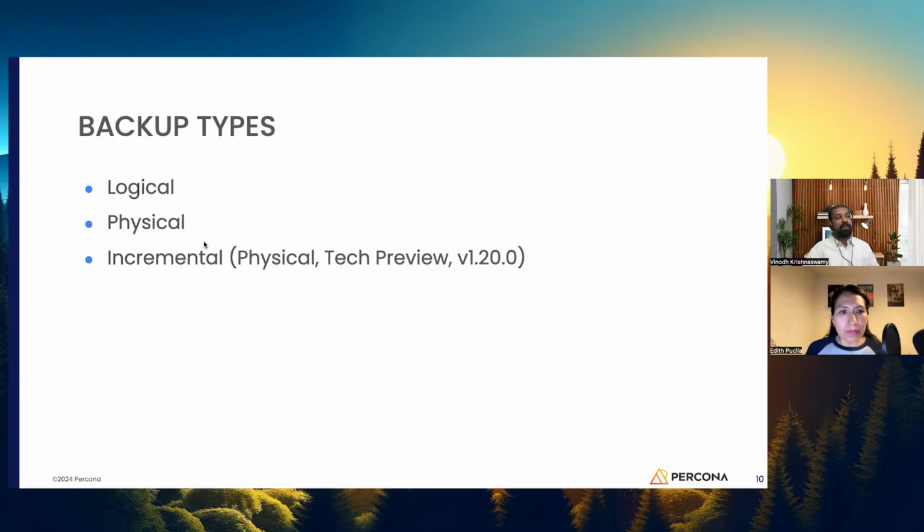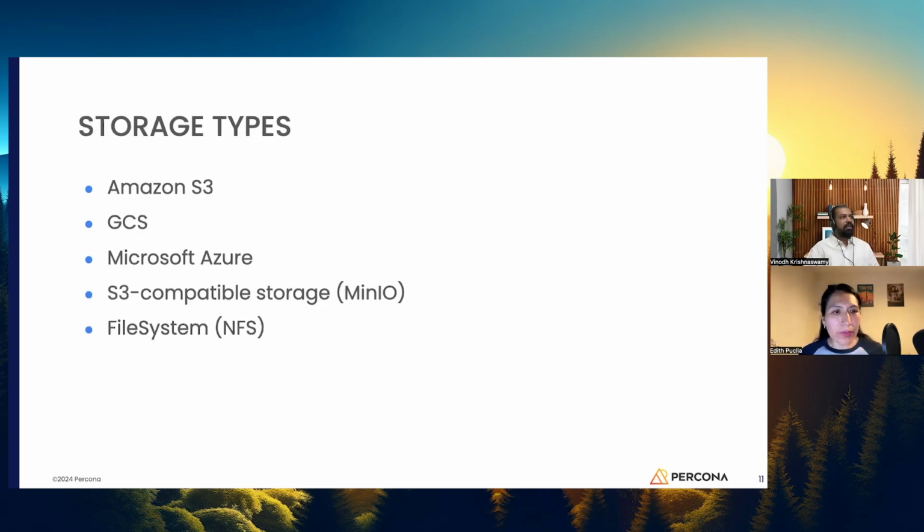The incremental backup was introduced from 1.20.0, so I cannot show you today because we are going to use 1.19, and it is in tech preview, so you cannot use that in production servers. The storage types available are Amazon S3, GCS, that is Google Cloud Storage, Azure, as well as other S3 compatible storage like MinIO or Backblaze.